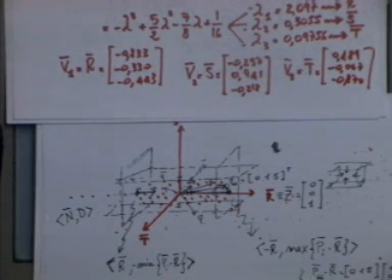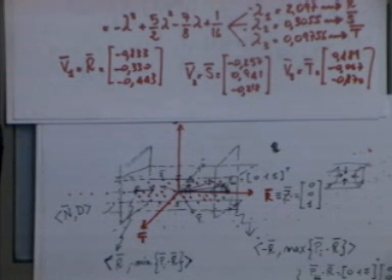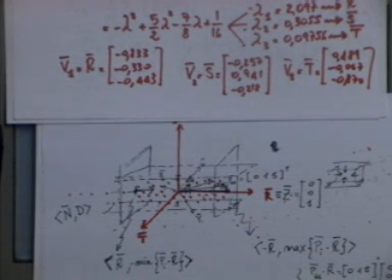So it means that the equation of the plane that you're looking for is 0, 0, minus 1, 5. This is the plane.